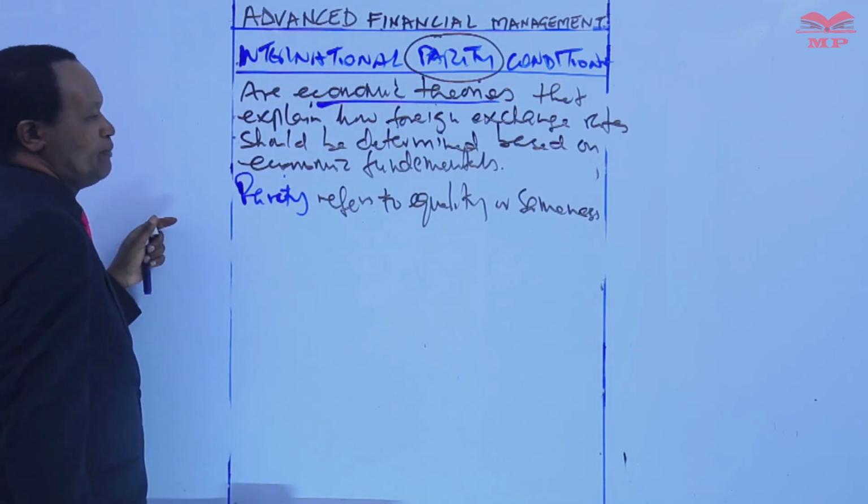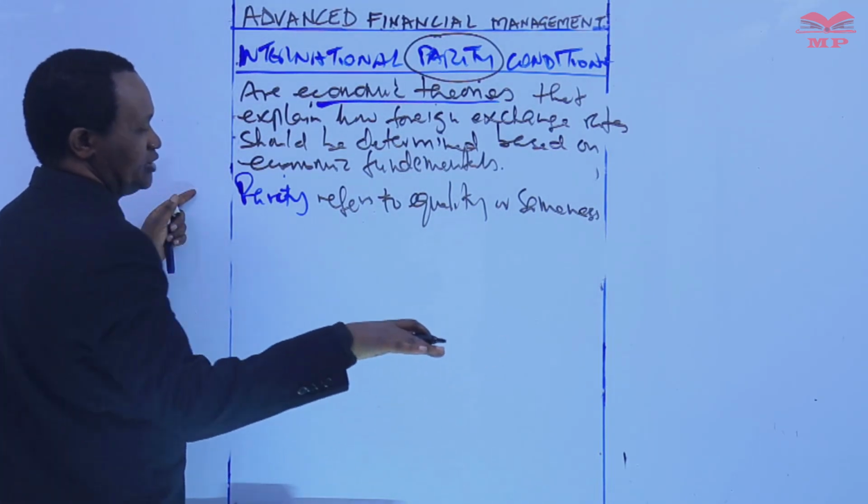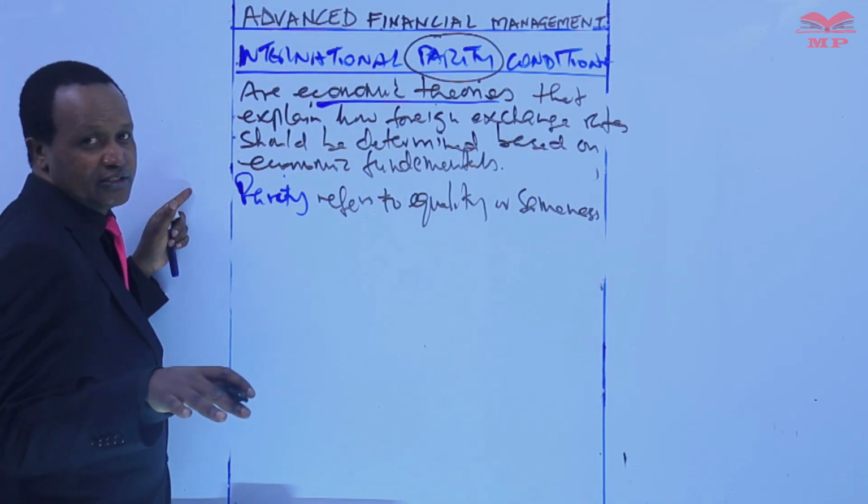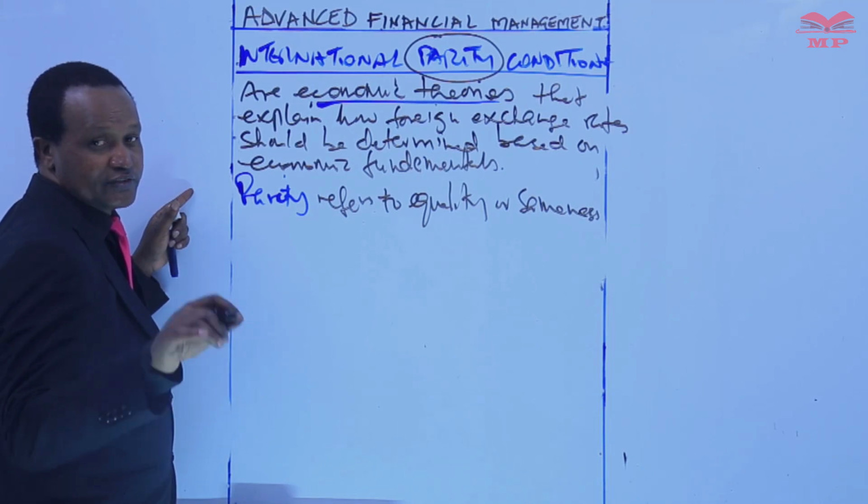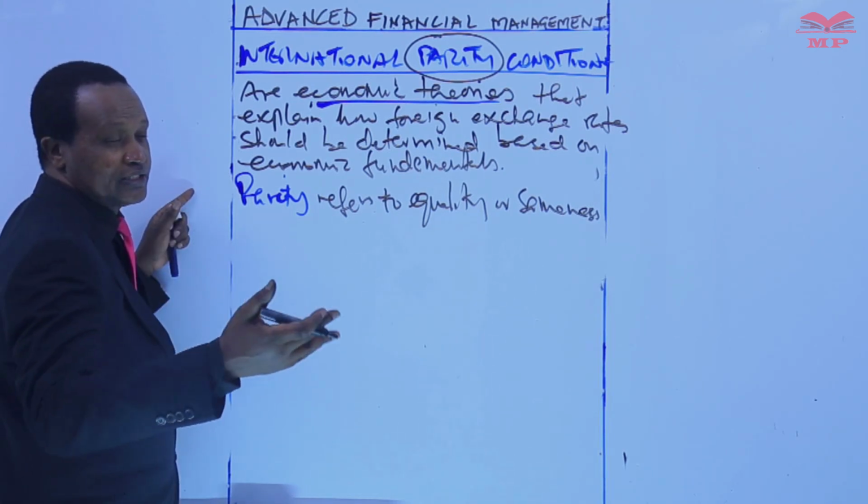We are now at par. It is a state of equilibrium, sameness. And I've said in economics it refers to a state of balance or equilibrium.